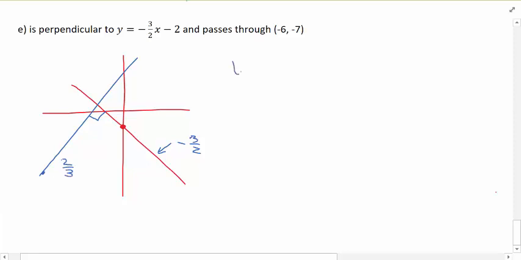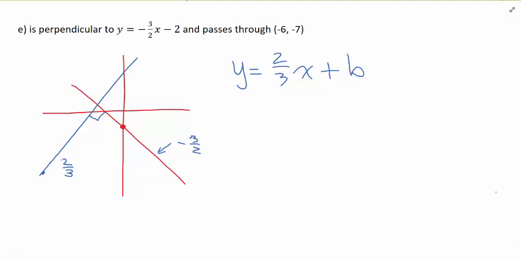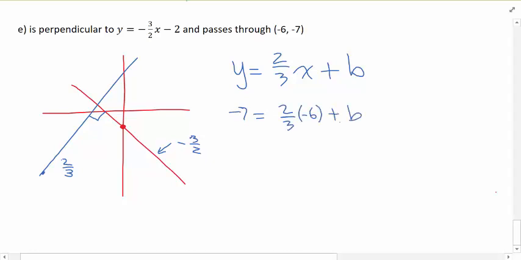So y is equal to what? 2 over 3 x plus b, right? Because you don't know the b value. You have to find out. Just get b, you have to sub in the points. So negative 7 is equal to 2 over 3 times negative 6 plus b.